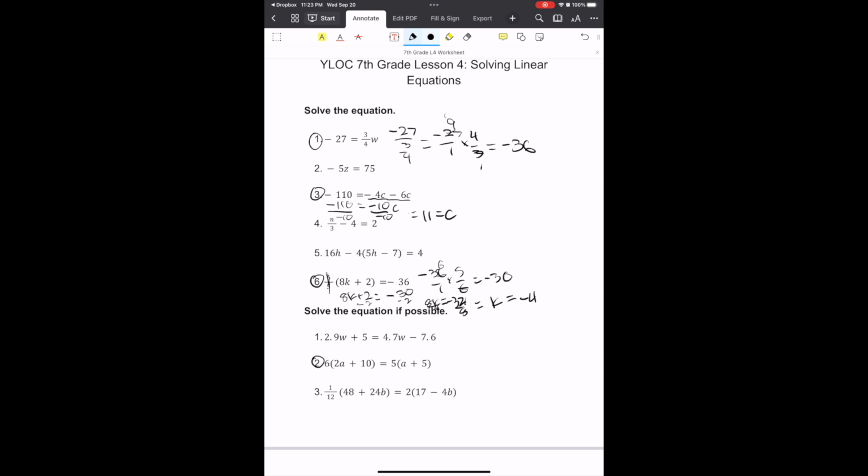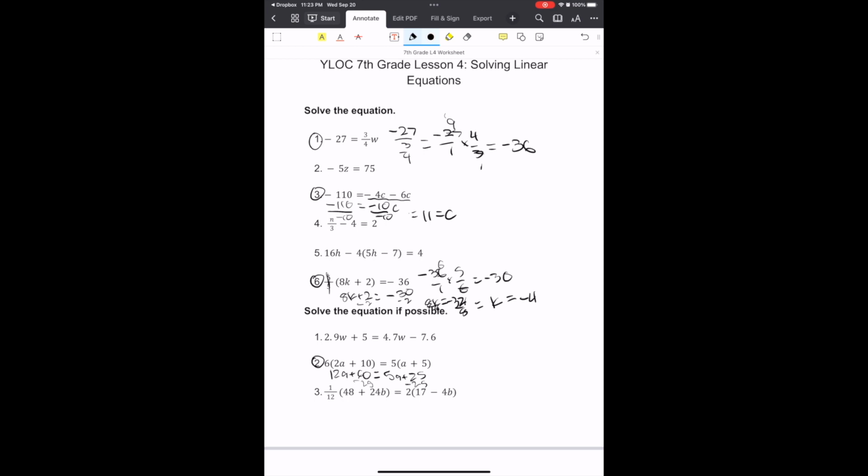So first you just want to combine like terms or multiply each side by the multiplication factor. So you got to multiply 6 by these two, so you get 12a plus 60 is equal to 5a plus 25. So now what you're going to want to do is subtract 25 from both sides.